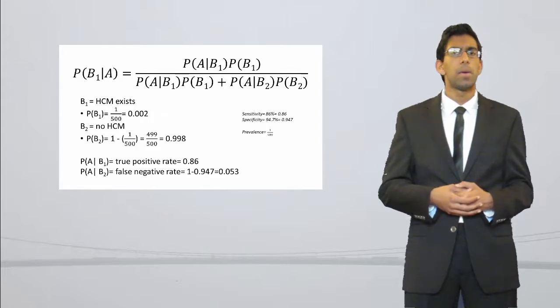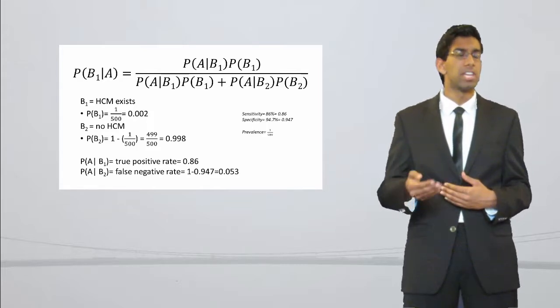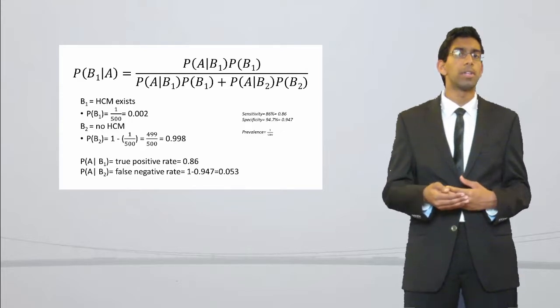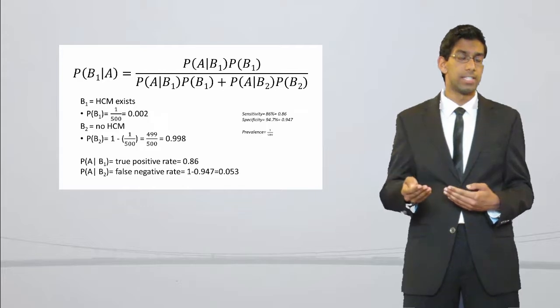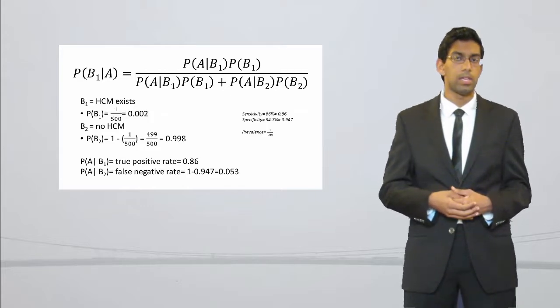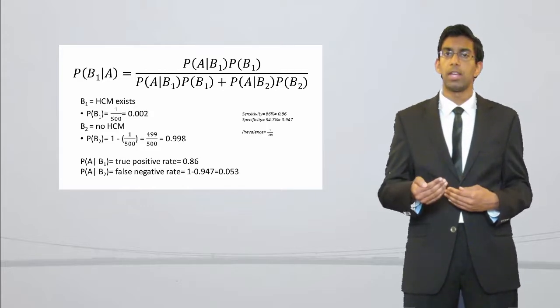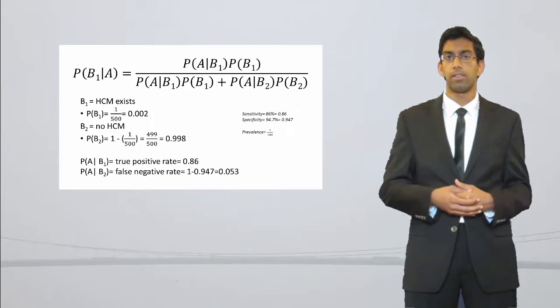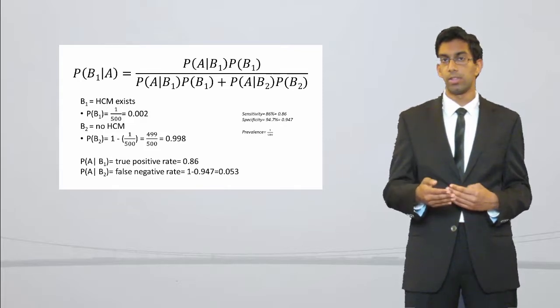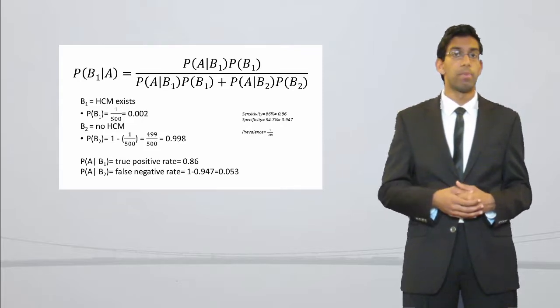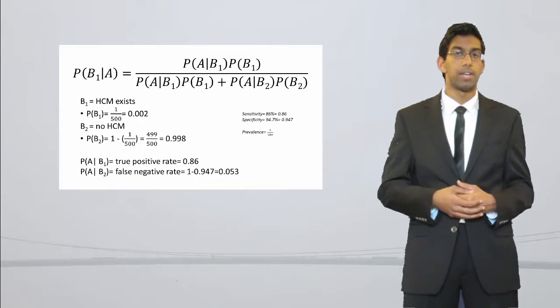And lastly, P(A given B2), the probability of a positive test given the fact that the disease does not occur. Now, this would be the false positive rate, or, in other words, 1 minus the specificity. Based on these numbers, that would be about 5.3%.